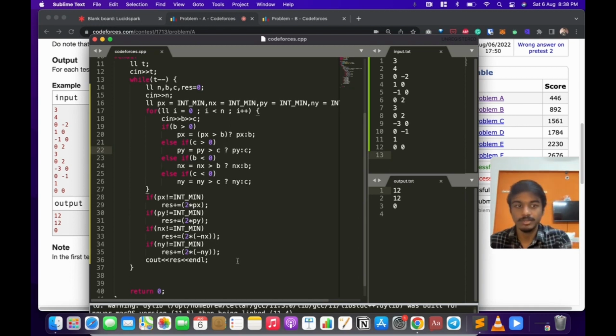I don't know. Can't think of anything. Px is p, py is highest distance. Here I'm converting this also. How should I traverse it?